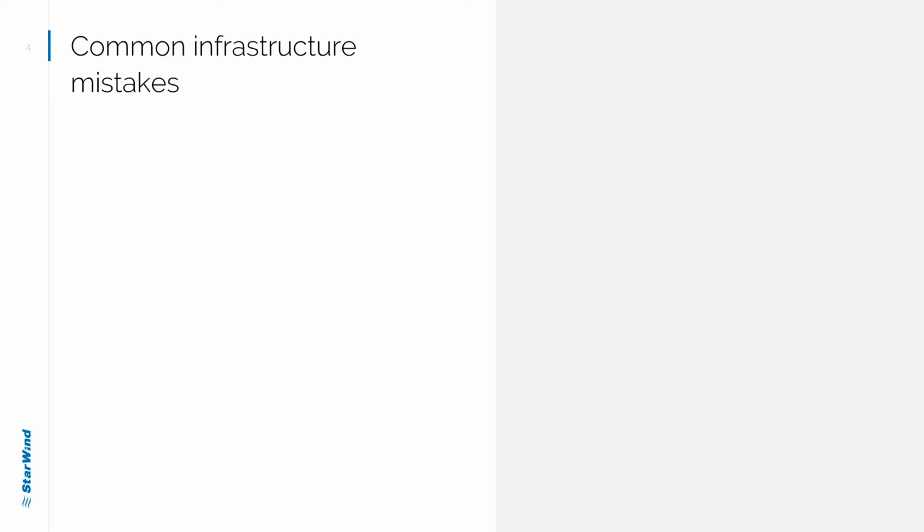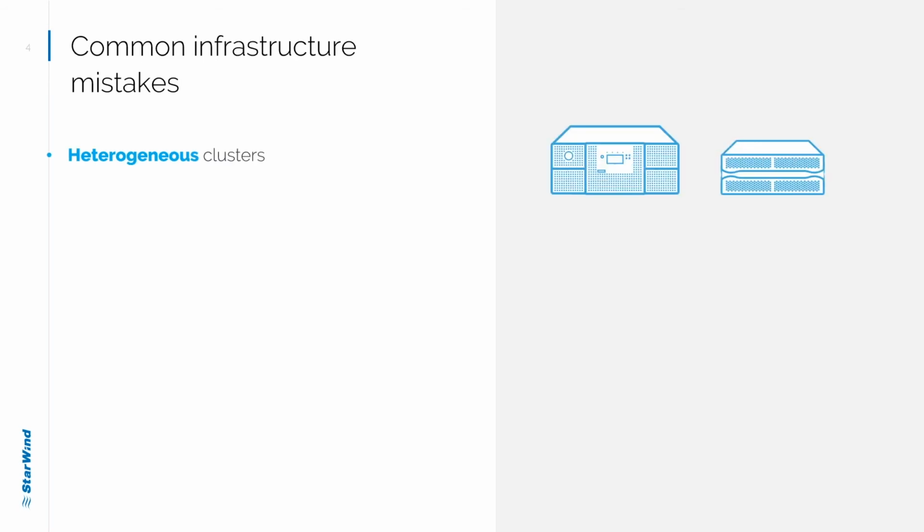Our first one, let's say our stinking chart, will open with heterogeneous clusters and configurations. Suppose in your environment you have hosts with different capacities, like some hosts with 128 gigs of RAM and other hosts with 256 gigs or higher, and you choose to use the host failure cluster tolerates policy.